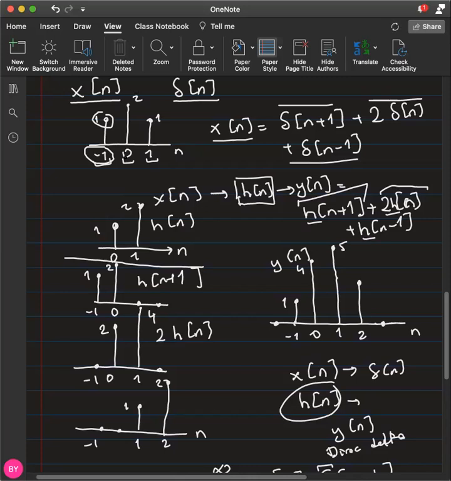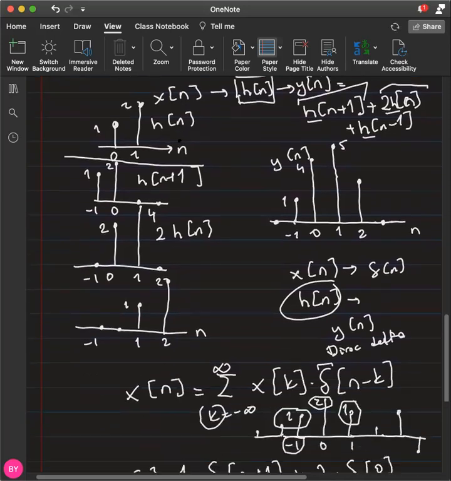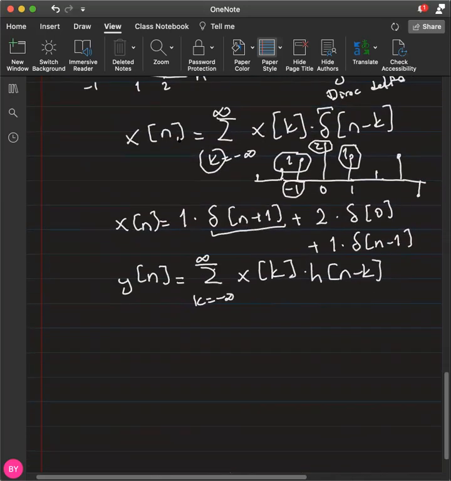Why is this h of n? Because k is 0. This is minus 1 because my k is 1 and the amplitude of that signal at that sample is 1. So I can immediately write this formulation like this, arkadaşlar.